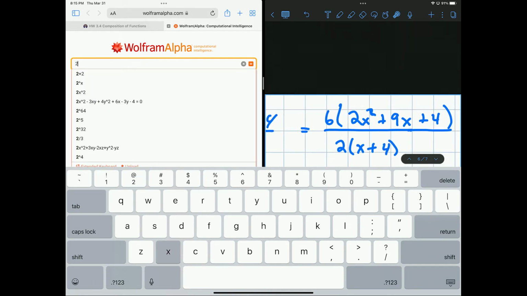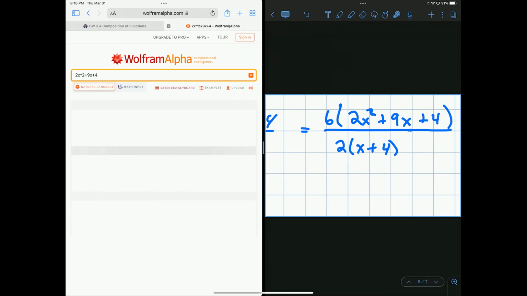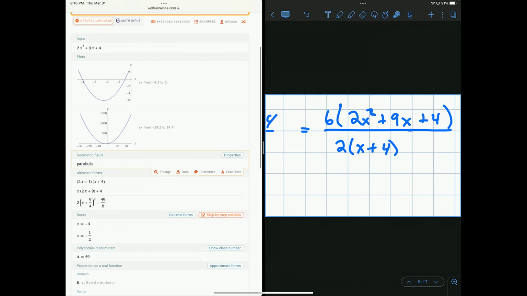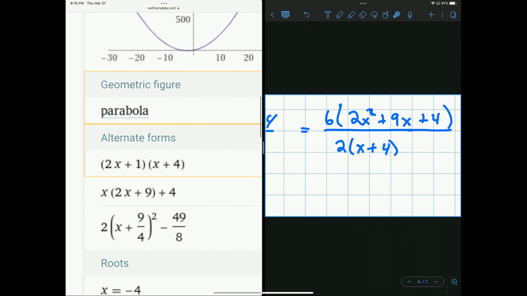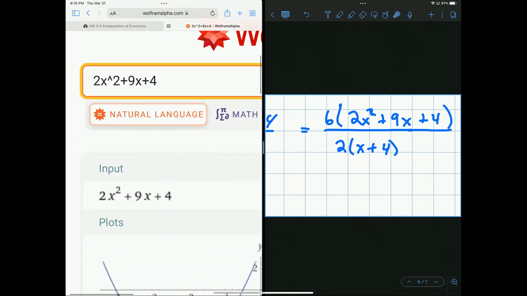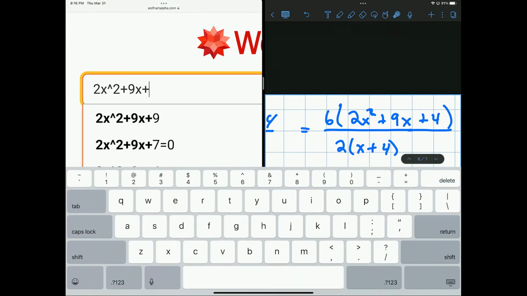If I type in 2x squared plus 9x plus 4, it should factor this for me. If not, I'll say factor. It did, right? The alternate form, 2x plus 1, x plus 4.